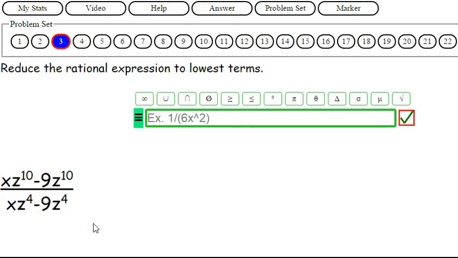So we have xz to the 10th minus 9z to the 10th. Those two monomials are completely different. Over xz to the 4th minus 9z to the 4th. Reduce the rational expression to lowest terms.